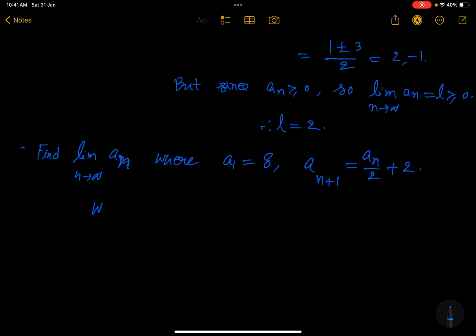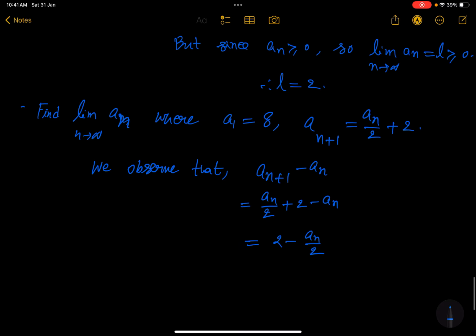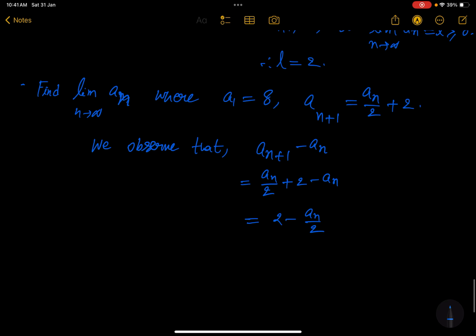Okay, so we observe that a_{n+1} minus a_n is a_n by 2 plus 2 minus a_n, which is 2 minus a_n by 2, which is actually (4 minus a_n) divided by 2. Am I correct? Yes.